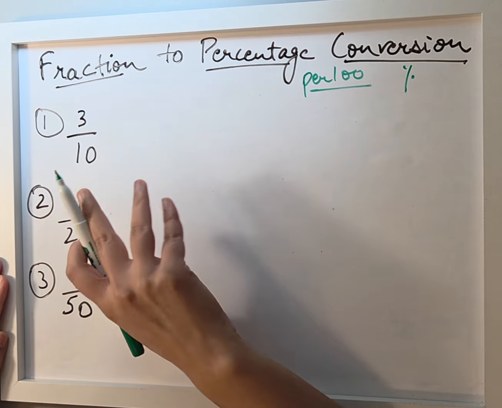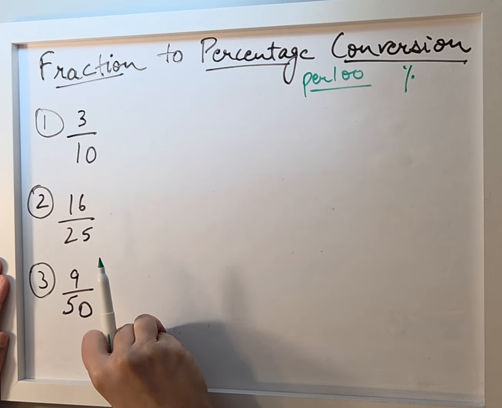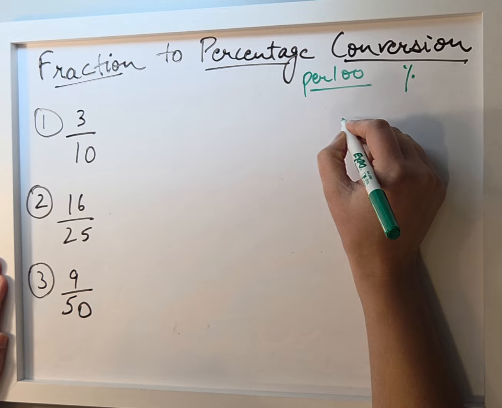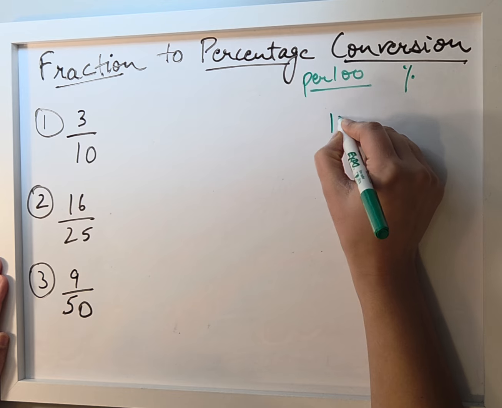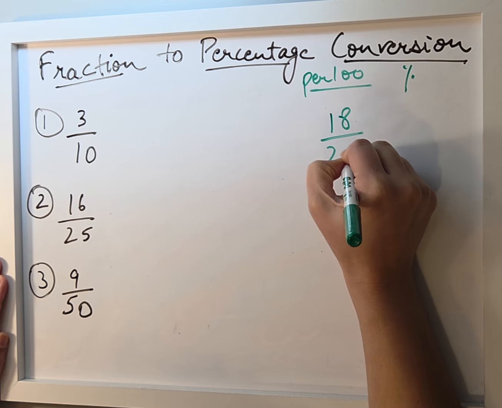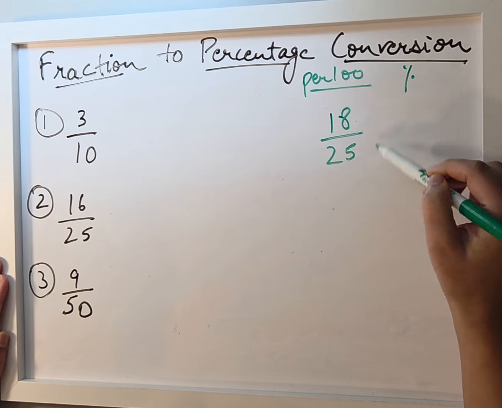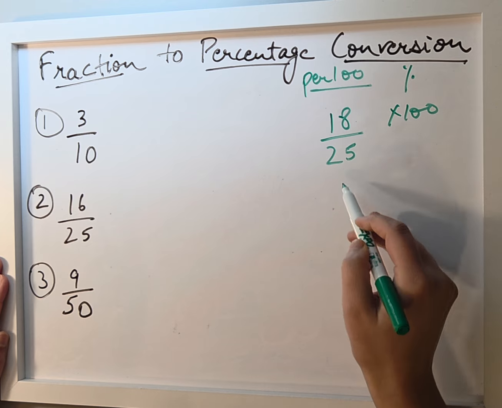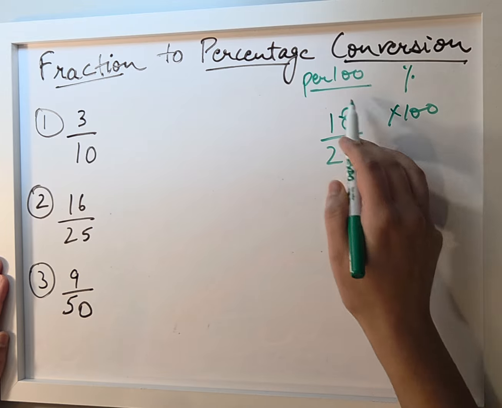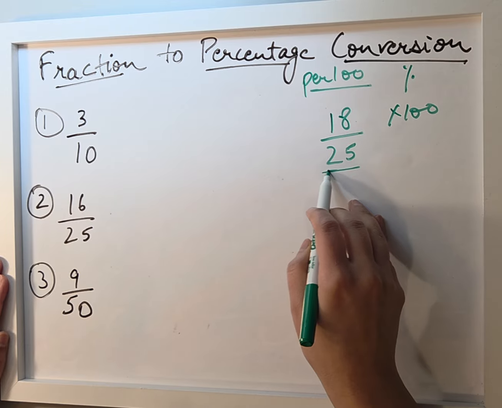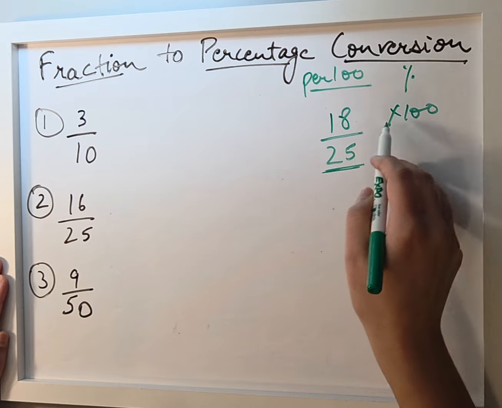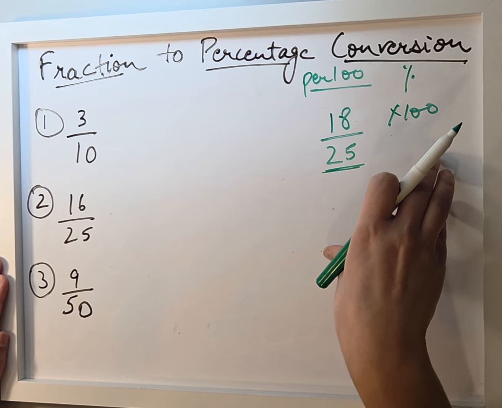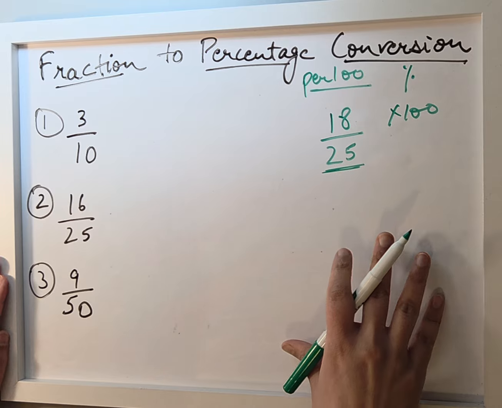Let's try to do it by the first way. So, what is the first way? If we have a fraction, for example, 18 by 25, and we have to multiply this by 100, and if we are somehow able to divide this also by 100, we can cancel it, because multiplying and dividing by 100 will cancel its effect.